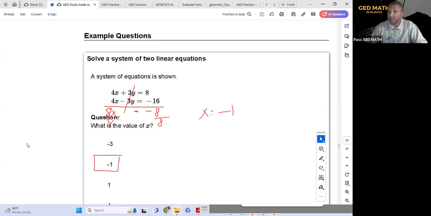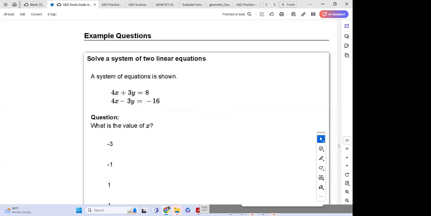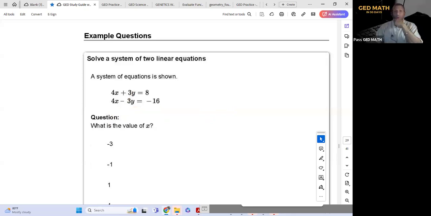Again, let me try to find another question. Let me see. System of equations, word problem. Will we have any questions with permutations, like the combinations of permutations and stuff like that? Yes, you will. So you probably will have one.